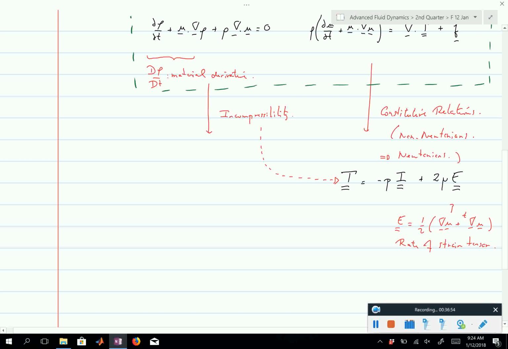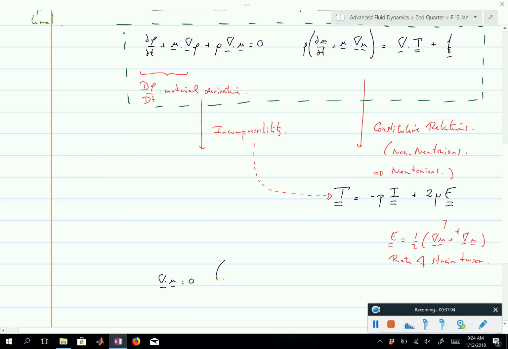So here with the incompressibility, we went to divergence of U equals 0. This you can call the continuity equation, or some people would call that the incompressibility condition.